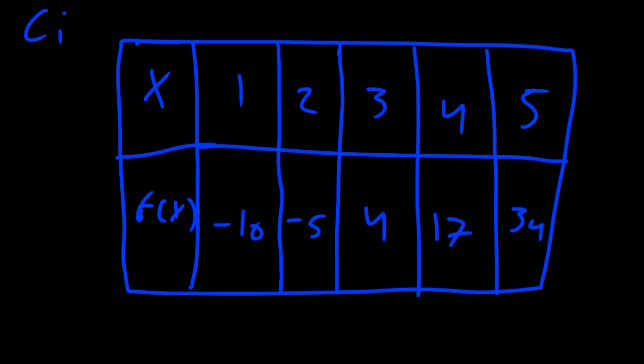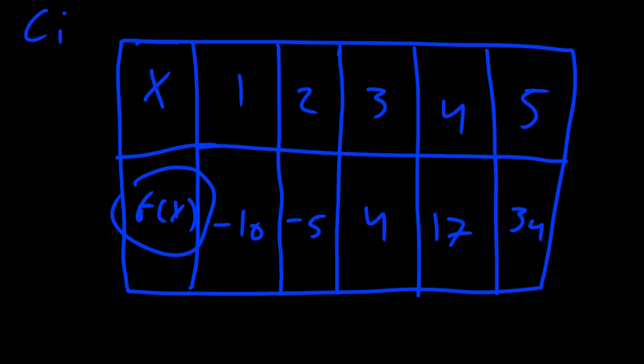So to determine what type of function we're going to use, we're just going to focus on f of x. Right off the bat, we can eliminate the exponential function option because you're not multiplying by a common ratio for these y values.